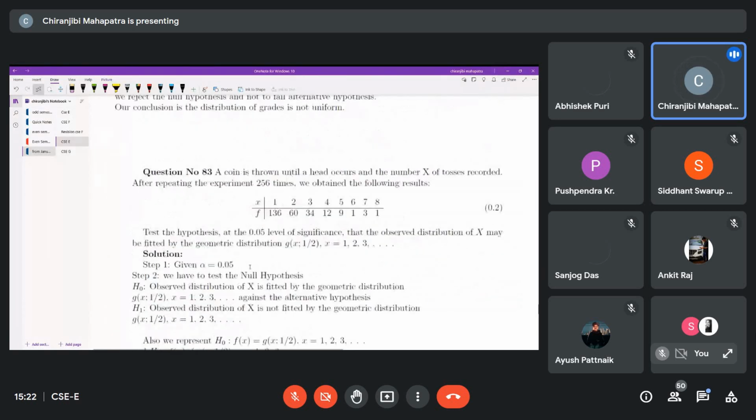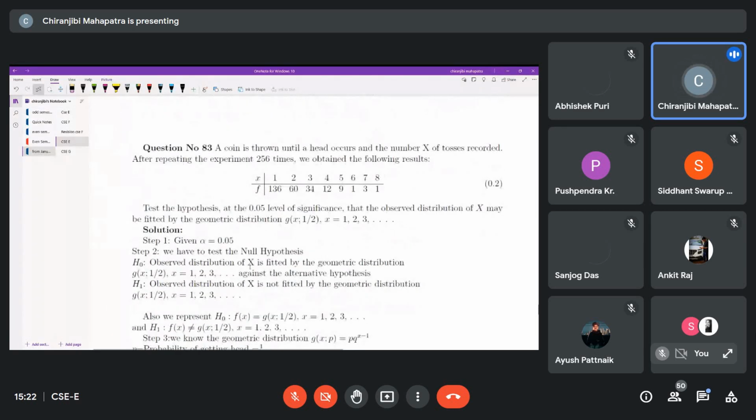Okay, fine. So here a coin is thrown until a head occurs and the number x of tosses is recorded. After repeating the experiment 256 times, we obtain the following results.